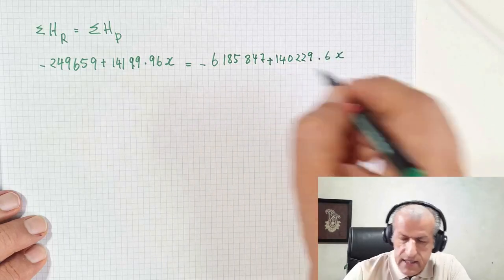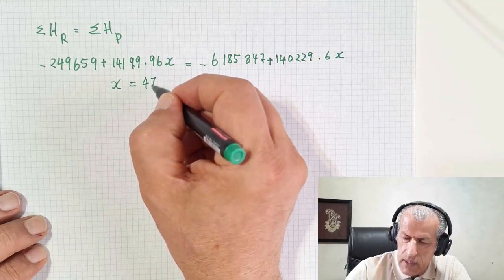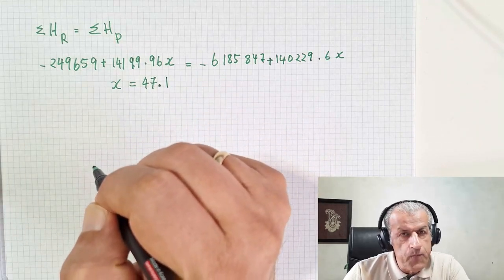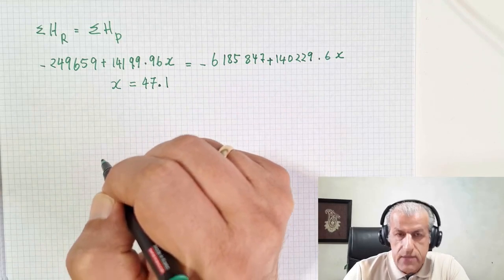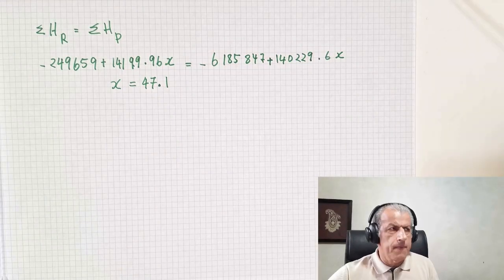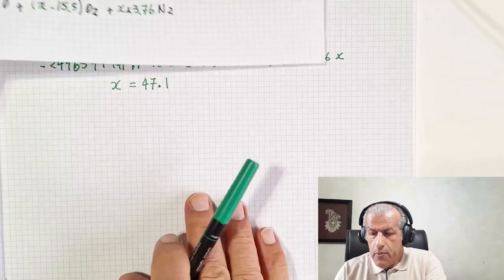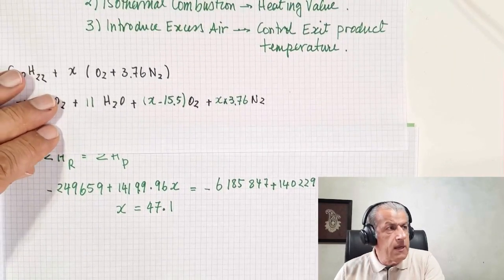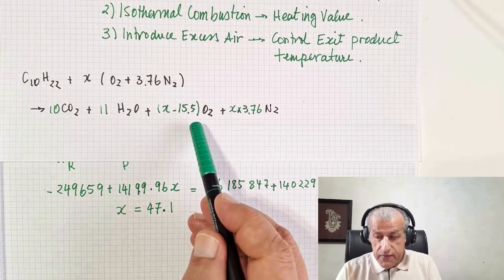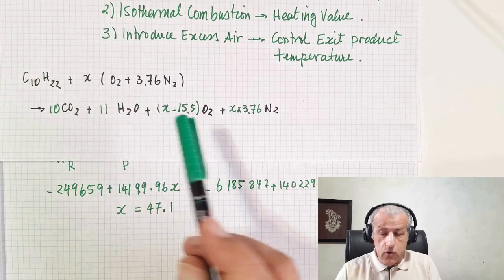That's an easy calculation, and that gives us x equals 47.1. That means x equals 47.1. Now, from our combustion equation, we knew that if the combustion had 15.5 O2, then it was a stoichiometric combustion.